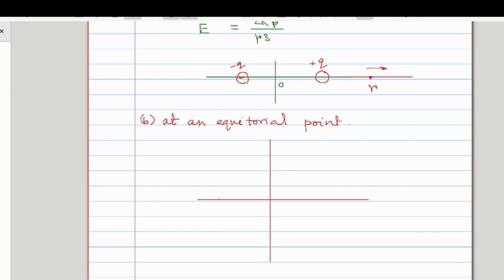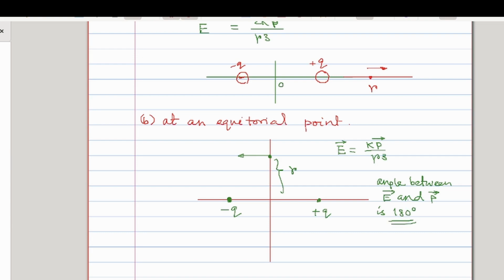So this is the equatorial point. If these are two charges, one minus q and another plus q, then at this point the field is like this, where this distance is r and the magnitude of electric field is E equals. What is the angle between P bar and E bar? It is 180.